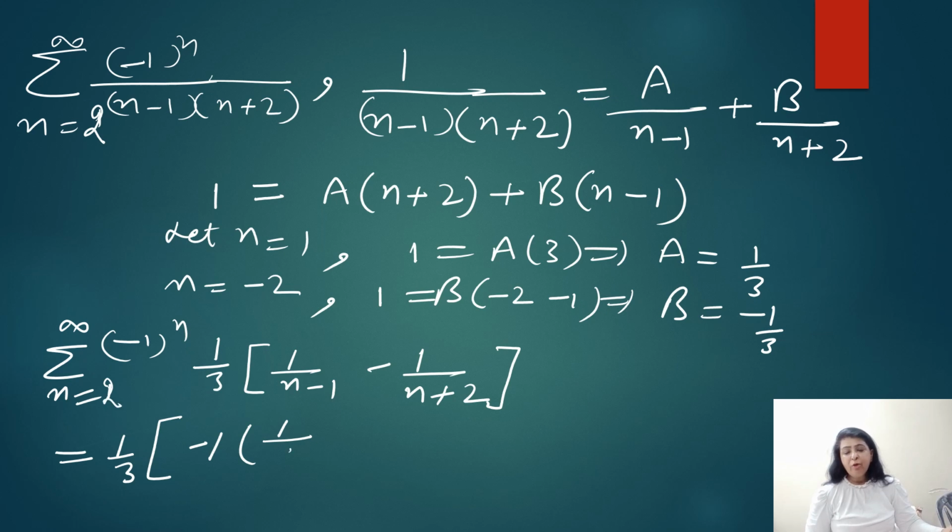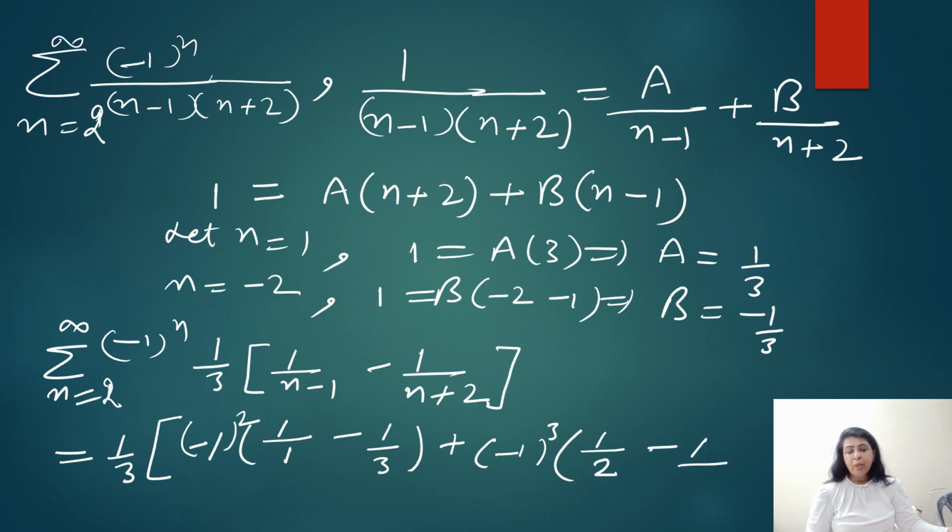So this will be 2 minus 1 is 1, minus 1 by 3. Then you have plus minus 1 raised to power 2, since the first term n was 2. Now n is 3, so minus 1 raised to power 3, and you are getting 1 by (3 minus 1) is 2, minus 1 by (3 plus 2) is 5, and so on.